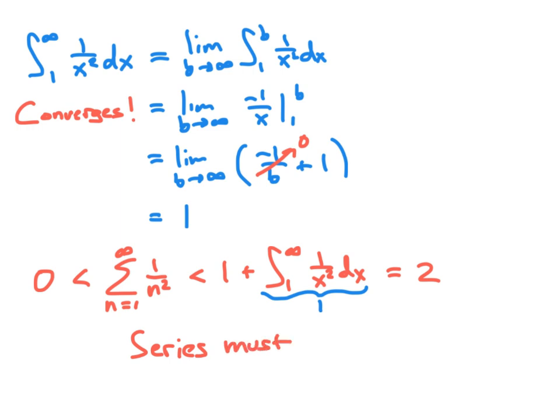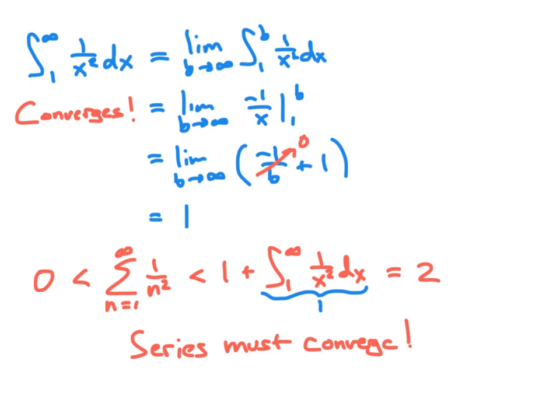It's impossible for this particular series to have an infinite value because the series sum has to be between 0 and 2, and everything between 0 and 2 will be a finite number, and therefore we have a series which converges to whatever number that happens to be.